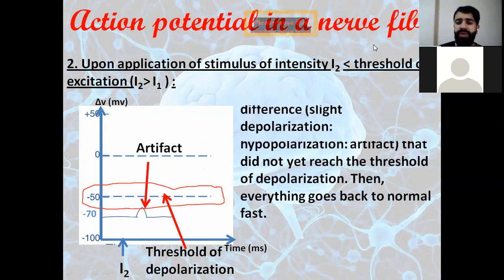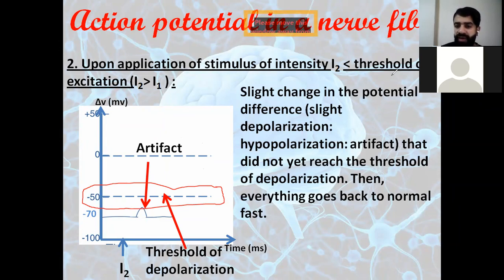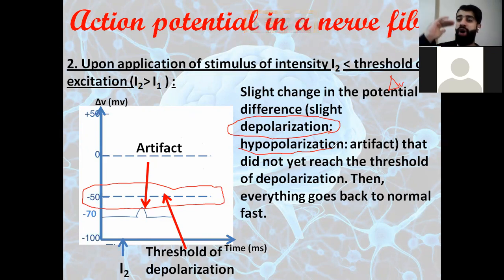So here, as we see, there is a slight change in the potential difference, a slight change in delta V. It increases a little bit. This slight change is called hypopolarization. Polarization is negativity. For example, if I say this person is hyperactive, it means that the person has higher activity than normal, while hypoactive is less than normal.